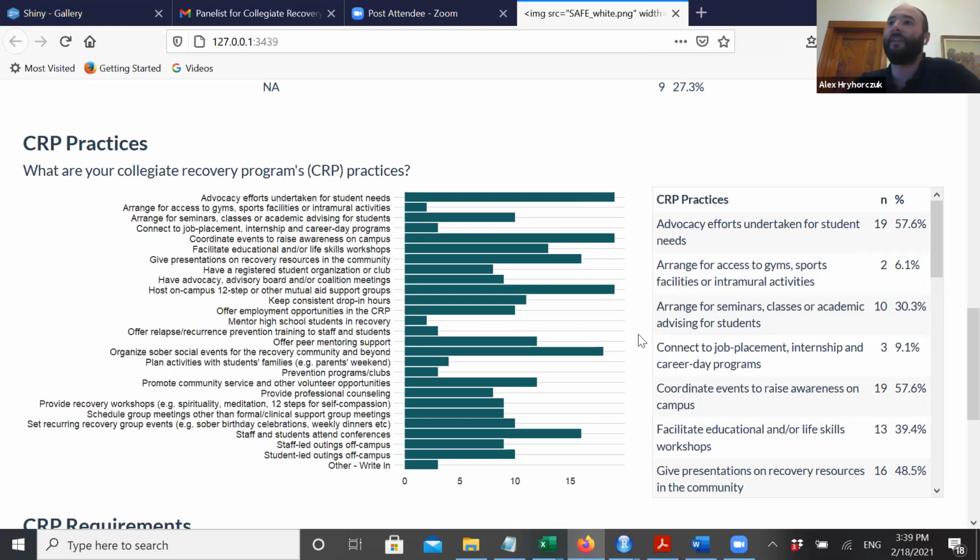With a question like this, which is multi-select, you're supposed to select any and all, so these N's are not going to add up to 33 because you don't just make one choice. But I can fix those charts and put in a number instead of just N, which is a little ambiguous.